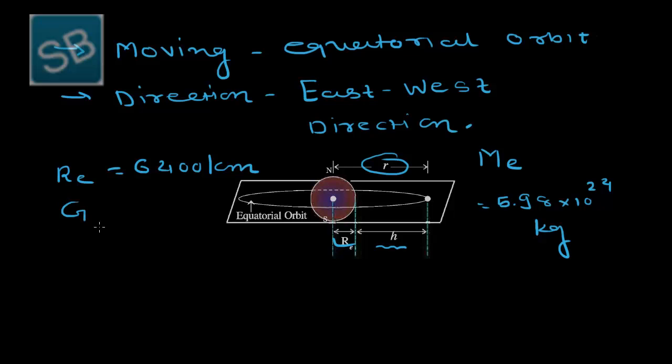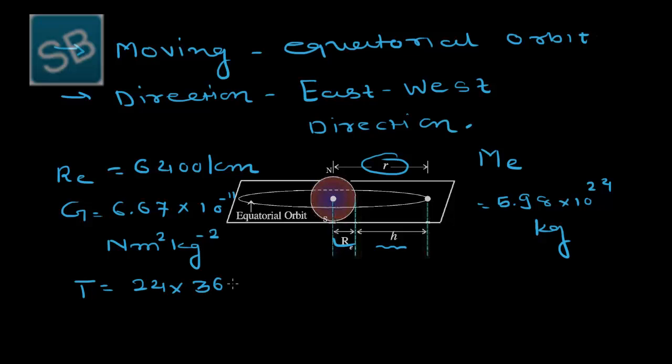Universal constant G, that has the value 6.67 × 10^-11 N m²/kg². And the time period you can easily derive. The time period comes out to be 24 hours, but you have to convert it into seconds. So it is 24 × 3600 seconds.